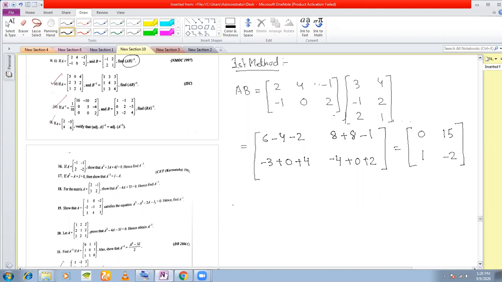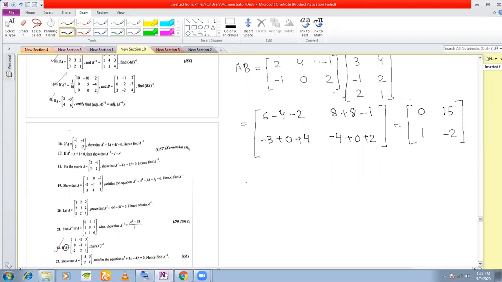So therefore, what should be AB inverse? Does AB inverse exist? We now proceed to find det AB. Det AB is 0, 15, 1, minus 2, which is 0 minus 15, which is minus 15, not equal to 0.